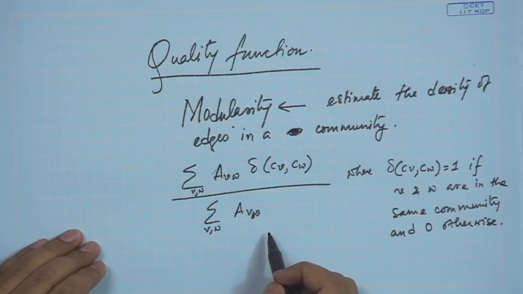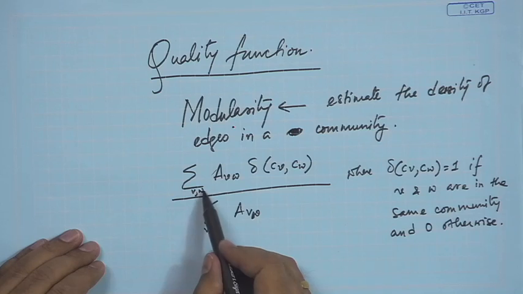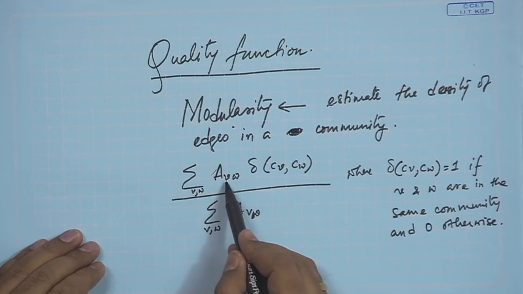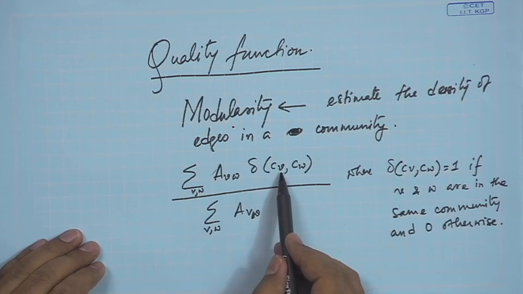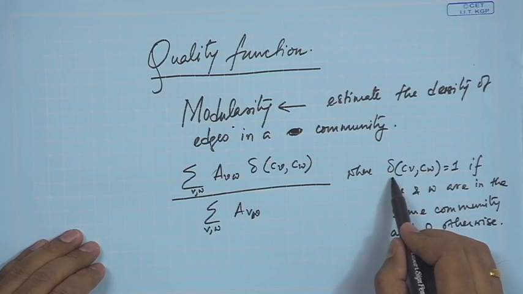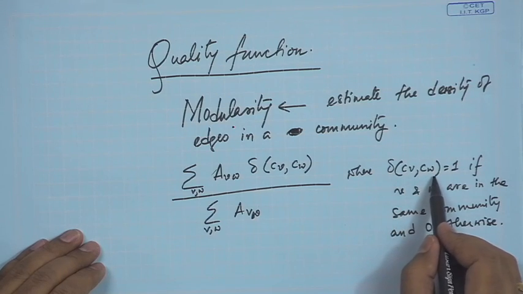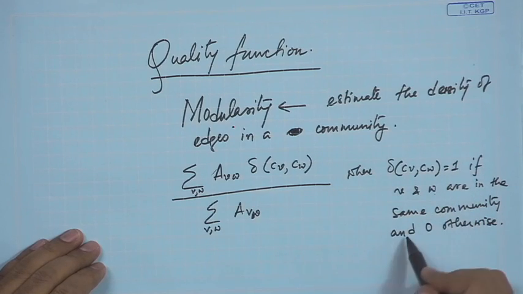What you write at the denominator is the sum of the total number of edges. In the numerator you see if there is an edge between a particular pair of vertices v and w, and you also check if v and w are part of the same community. So, delta is an indicator function which tells you if c_v and c_w are in the same community. If v and w are in the same community, then delta(c_v, c_w) is equal to 1, otherwise it is 0.